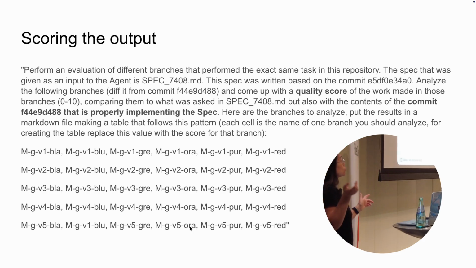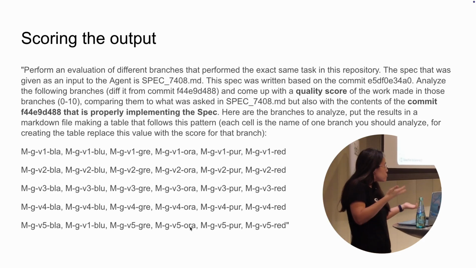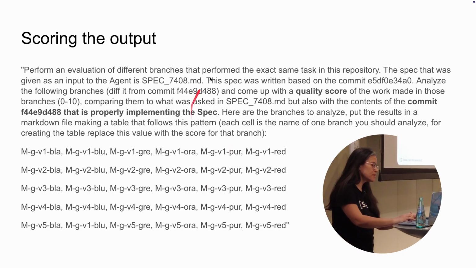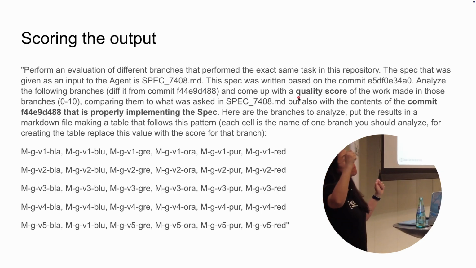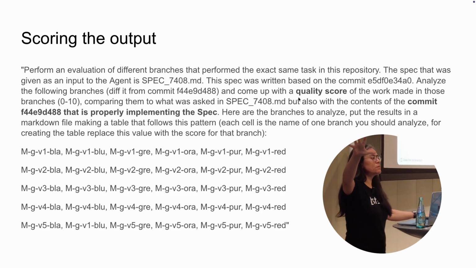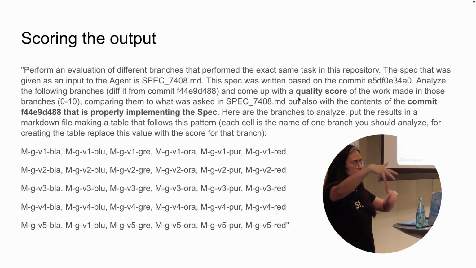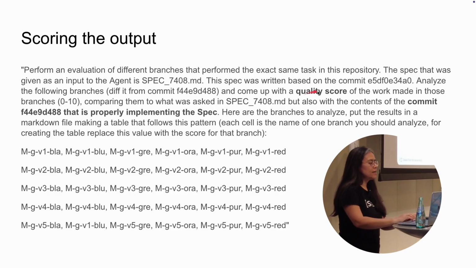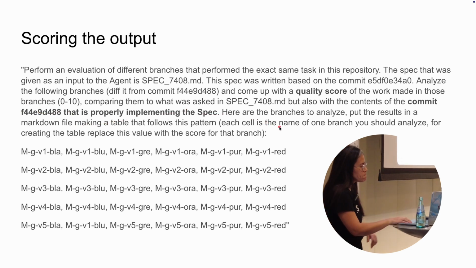Then I needed to score as well. I needed to see if the task was well implemented or not. So I asked an agent also to give a quality score by comparing each branch with the actual implementation that was validated by the real team. So I said, okay, you should compare all of these branches with this commit that is properly implemented in the spec.